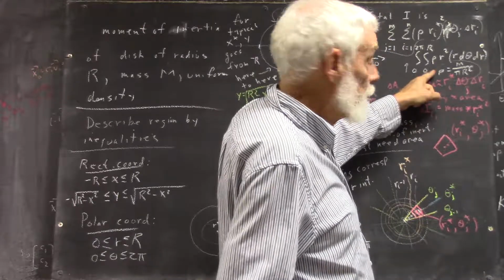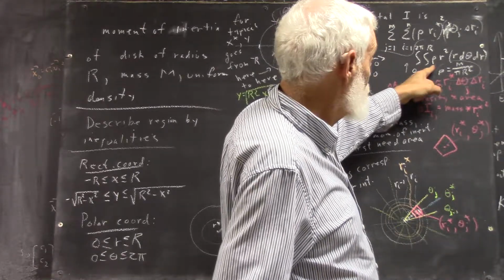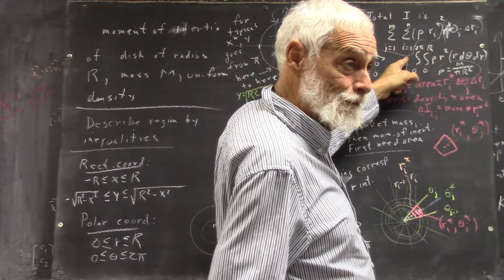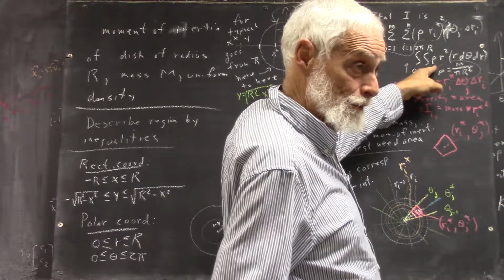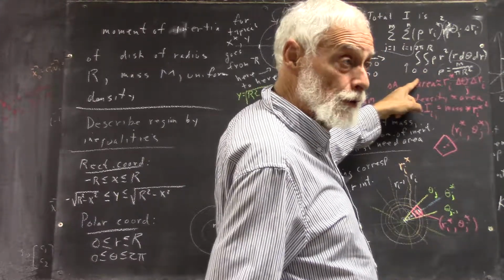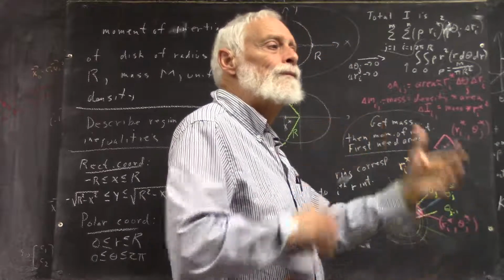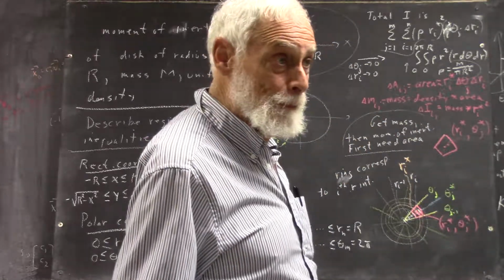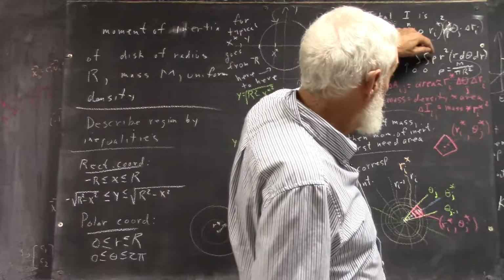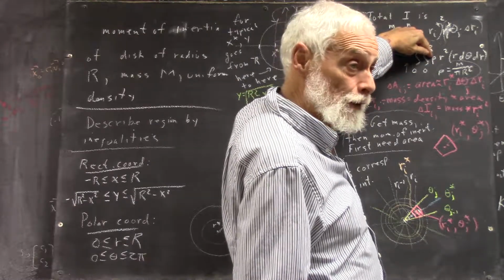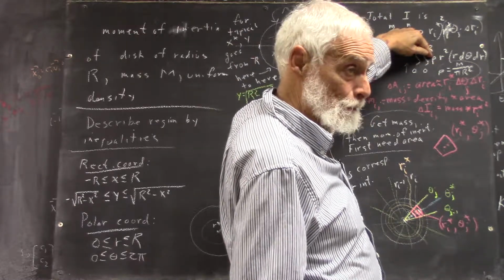If we had a varying density function, then we wouldn't be able to pull it outside. So this is a general moment of inertia integral for any circular object. You just have to plug in the density function. Make sense?